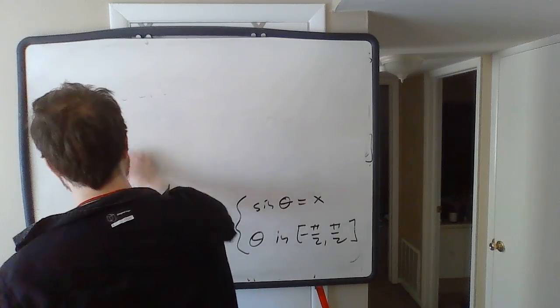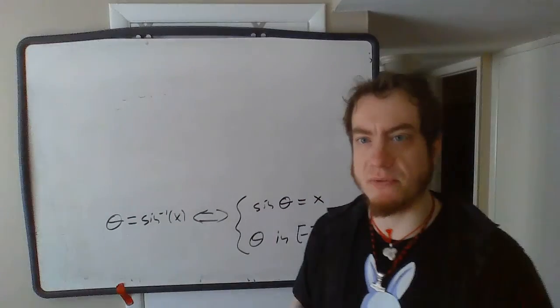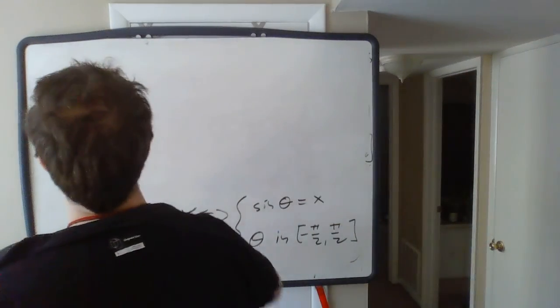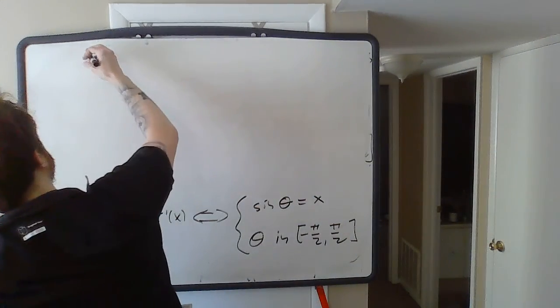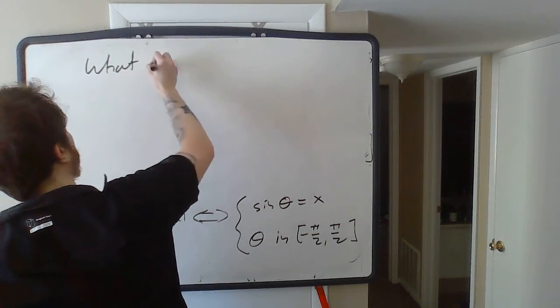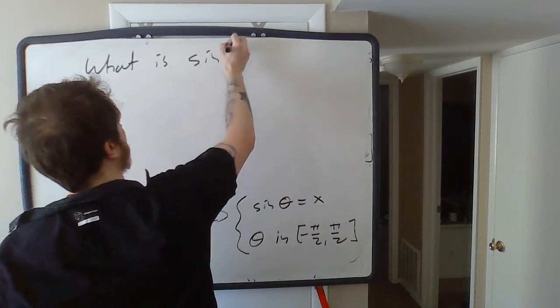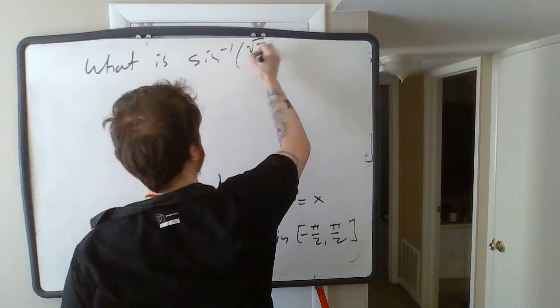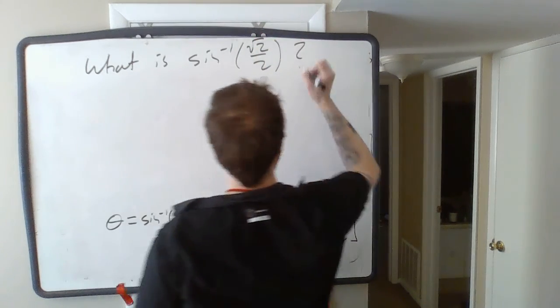Let me leave up that definition for a moment, and we will look at a couple of examples of using that definition. So let's start out by saying, let's suppose that I want to calculate what is sine inverse of, let's say, square root 2 divided by 2.